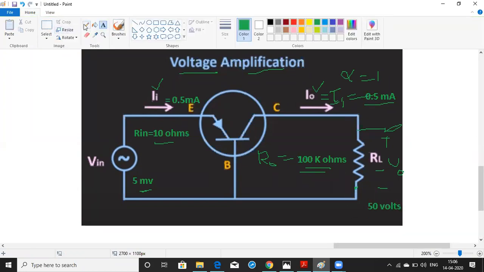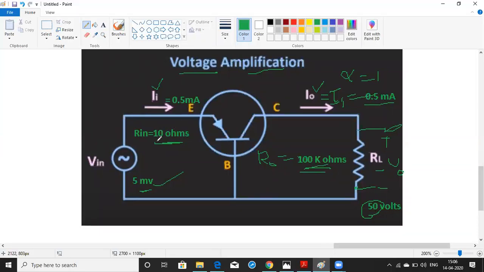If you observe clearly, the input signal I have given is only 5 millivolts. So the amplitude of the input signal is only 5 millivolts, but the output I am receiving across the load is 50 volts. So the amplitude is increased so much. You can also say that the resistance is transferred from input to output.